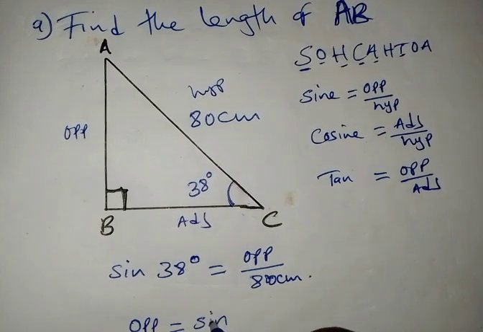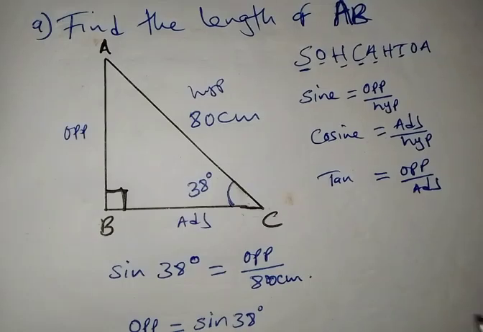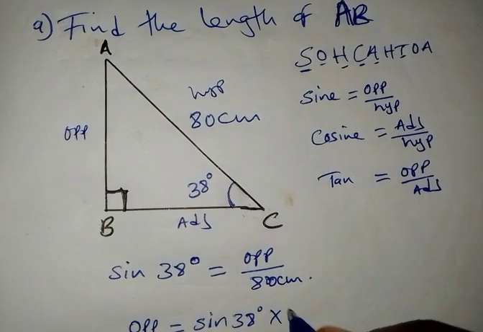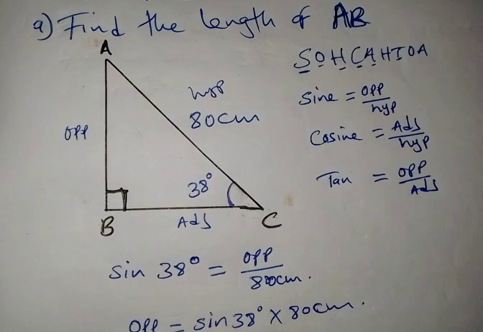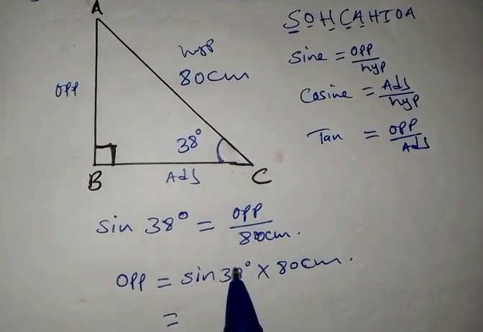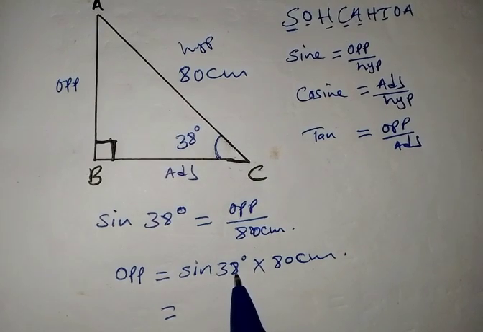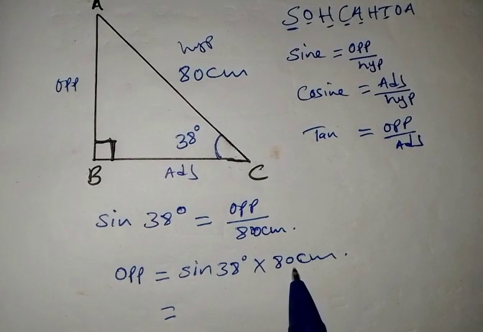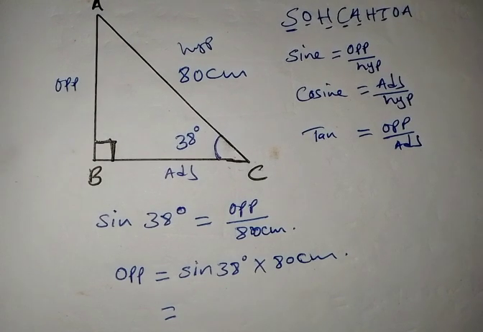So this one is supposed to be given by the sine of that 80 degrees multiplied by 80 centimeter. You can just key in your calculator, get the sine of that 80 degrees, then multiply the answer by 80.